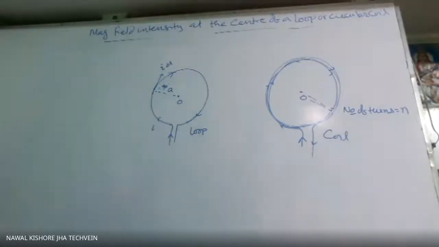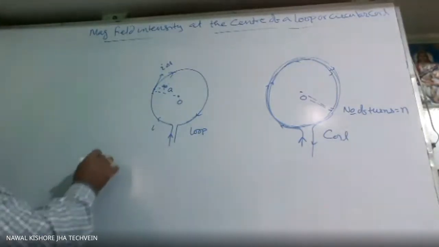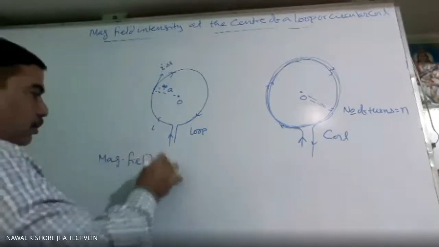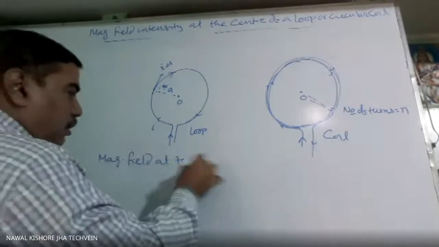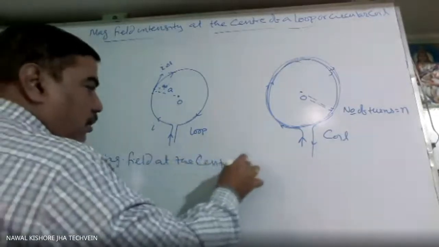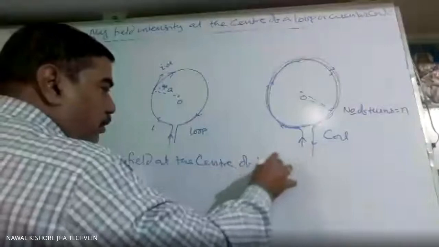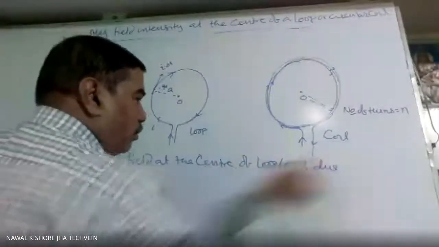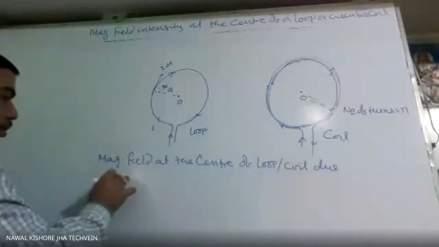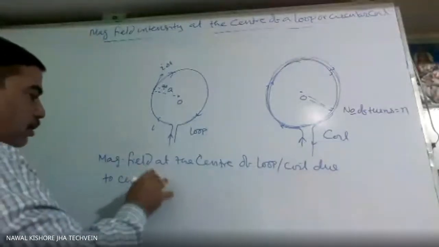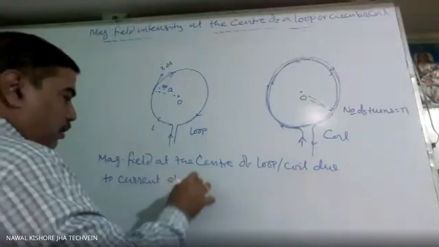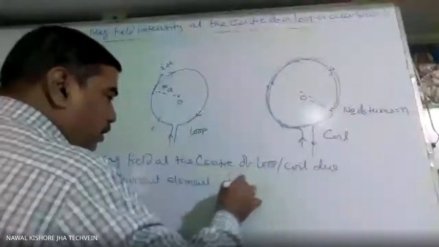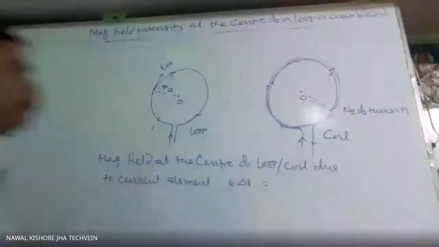So magnetic field at the center of loop or coil due to current element I delta L we have taken.